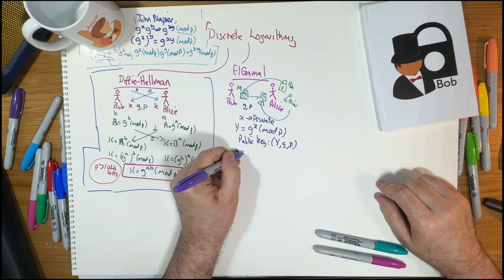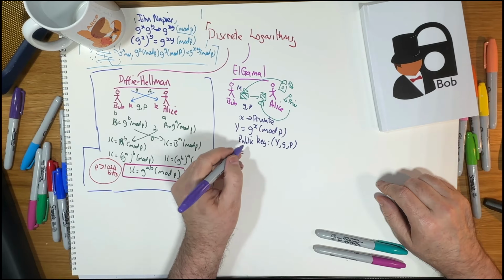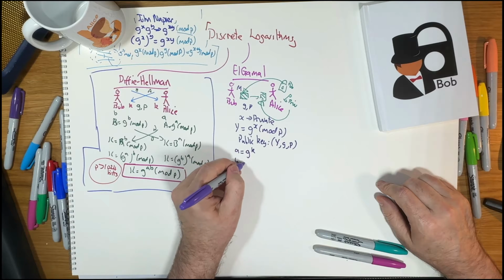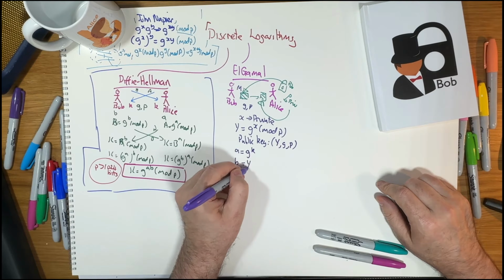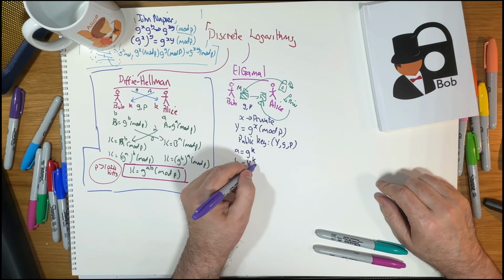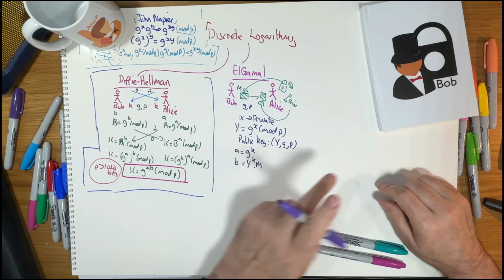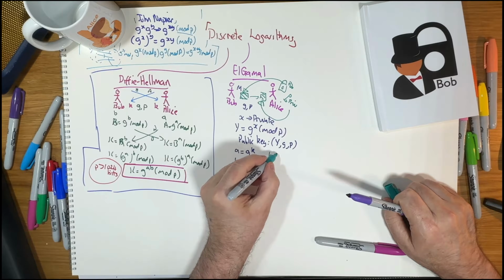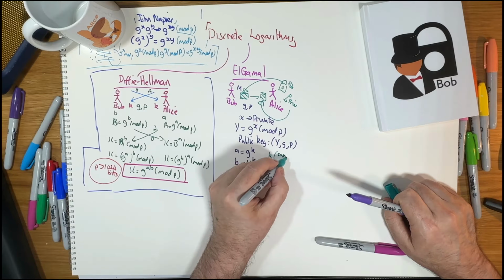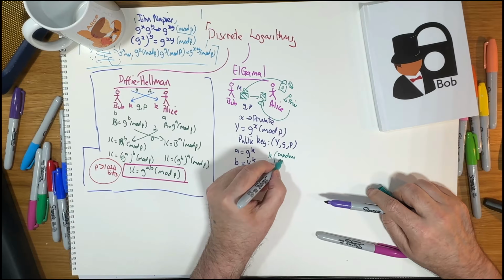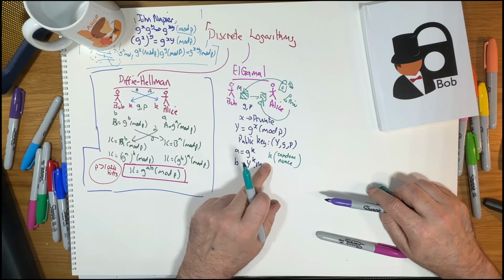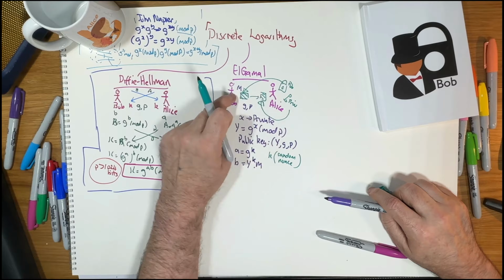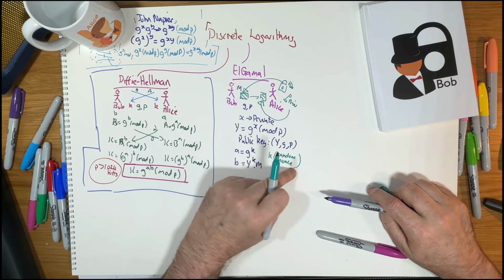Okay, so Bob then computes two values. And this value here, k, is a random nonce. So every time that Bob encrypts for Alice, he generates a random value.